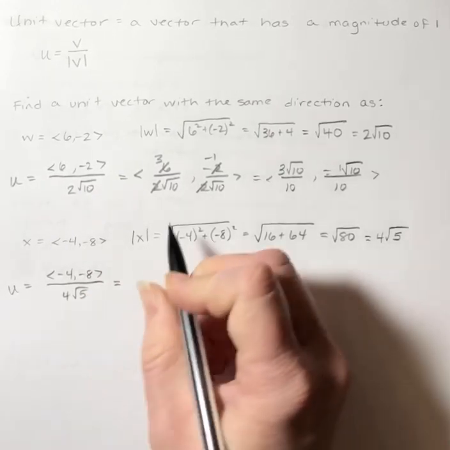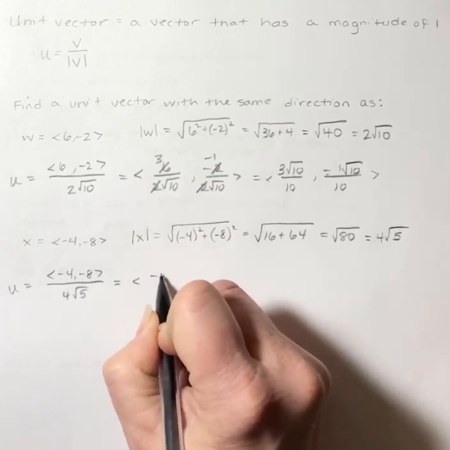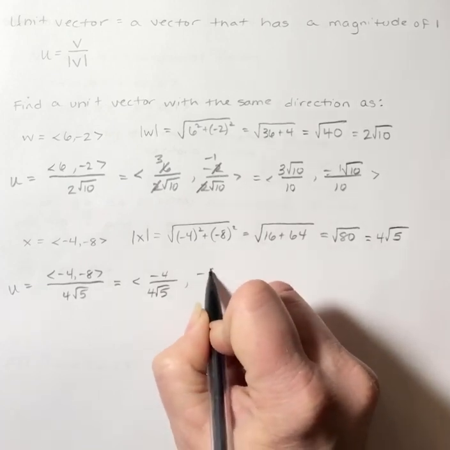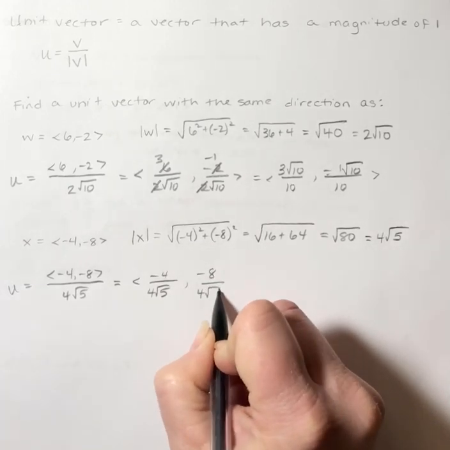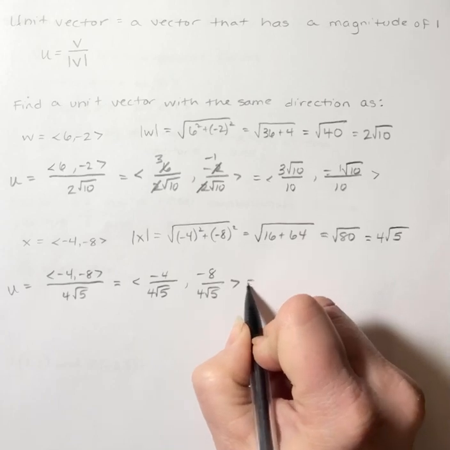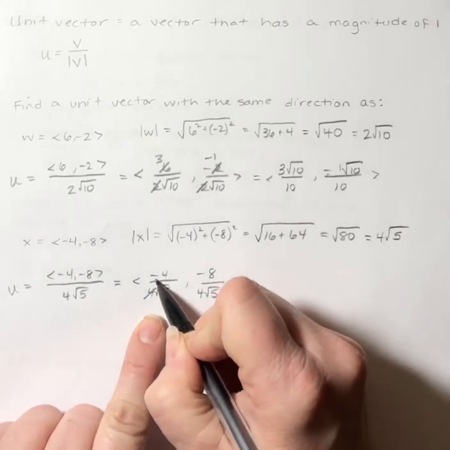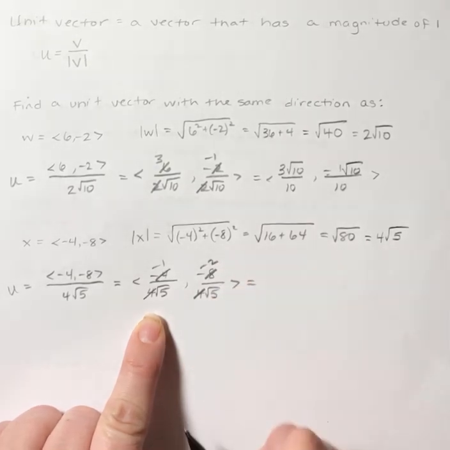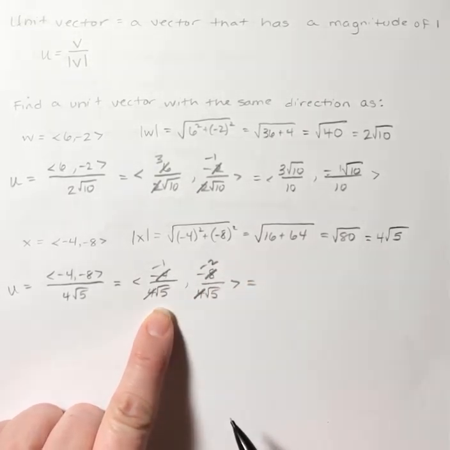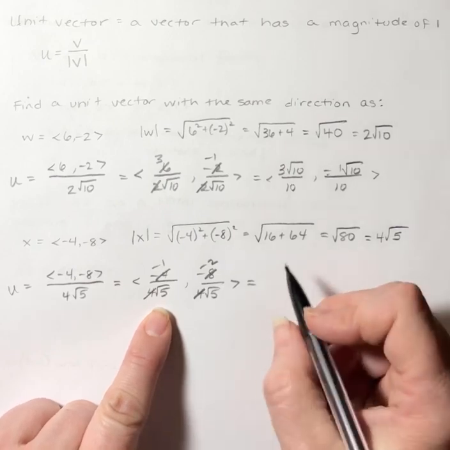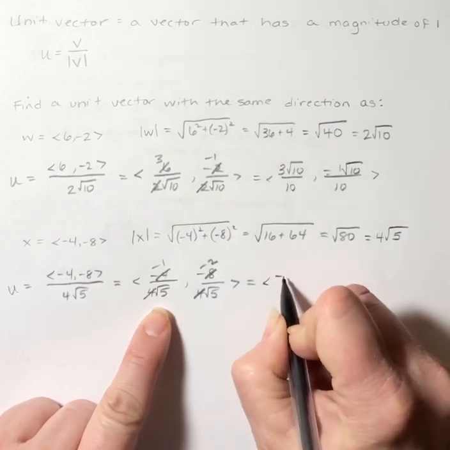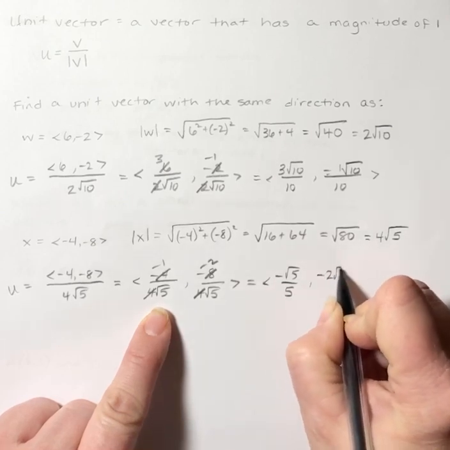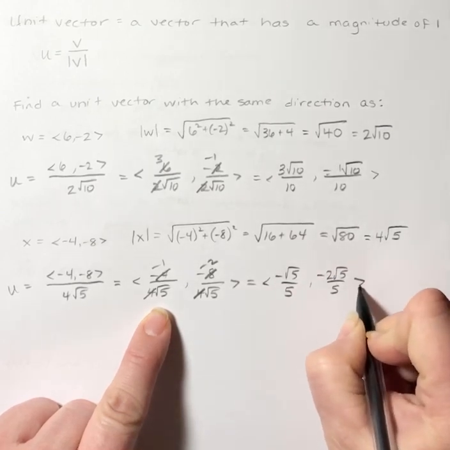So each of my components get divided by 4 square roots of 5. Here the 4 cancels. Here another factor of 4 cancels. I again have to rationalize my denominator, so I'm going to multiply by the square root of 5 over the square root of 5. So I get a negative square root of 5 over 5, and then a negative 2 square roots of 5 over 5.